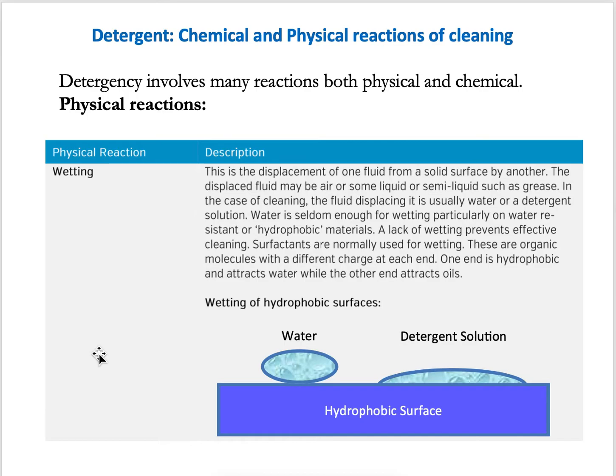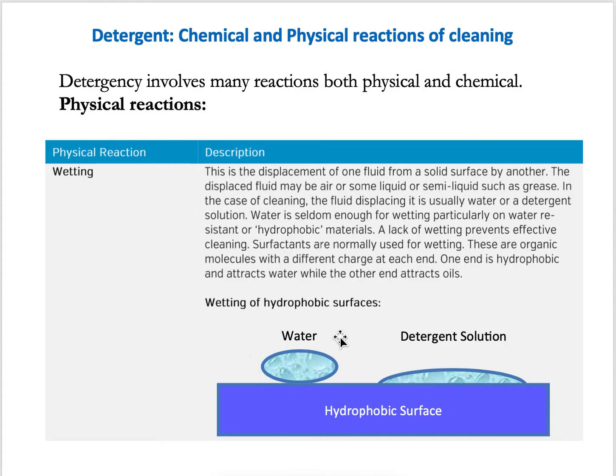To easily understand what wetting is, look at this photo. Suppose we are using water and we want to clean hydrophobic particles. We do cleaning to remove soil, and suppose the soil is attached to a hydrophobic surface, so we use water. What will happen when water comes close to the hydrophobic surface?